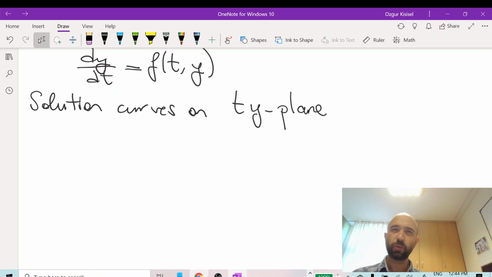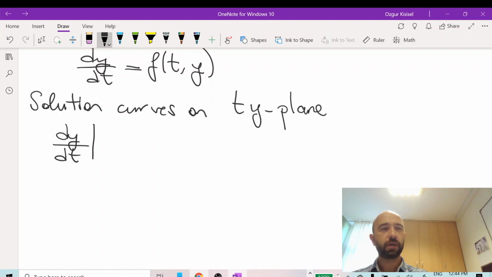Okay, so what do we know about the relation between a derivative and geometry? Now, dy/dt, this is a derivative. Well, if we fix a point like (t0, y0), derivative is a function, but if you pinpoint a point, then this is equal to something geometric.